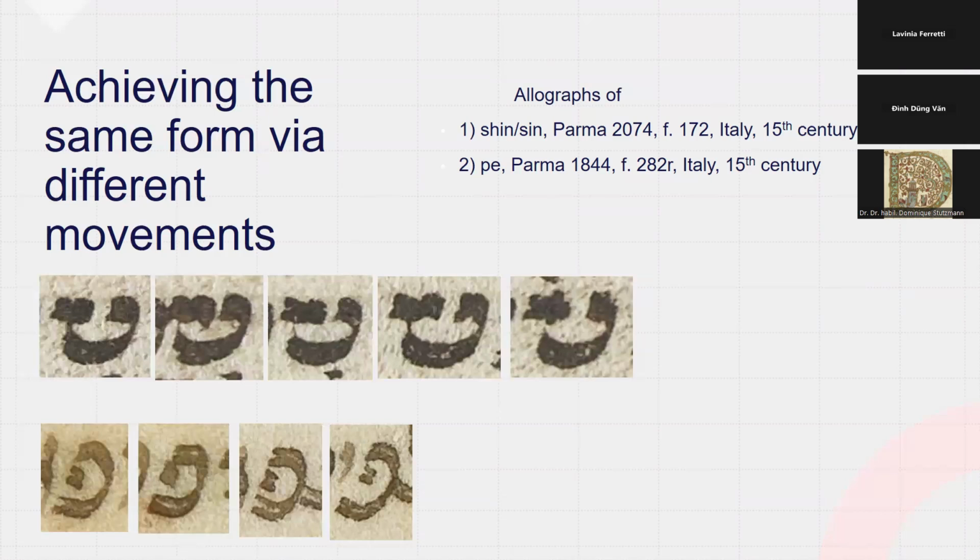And it's even more visible in this case, where we have a nose of the slanted letter P, which is done either without touching the upper part of the letter or with touching with a little hairline.